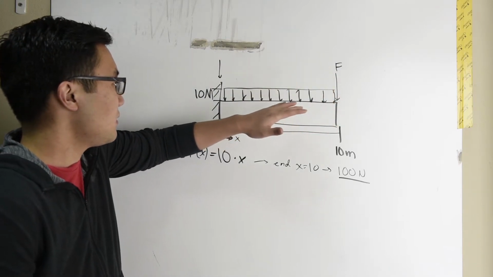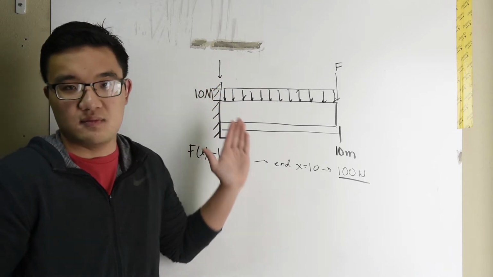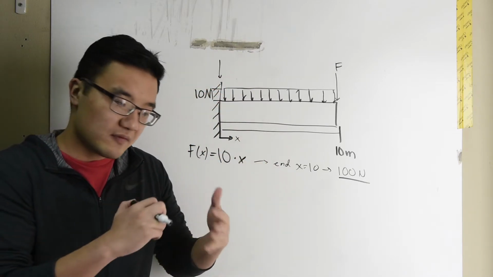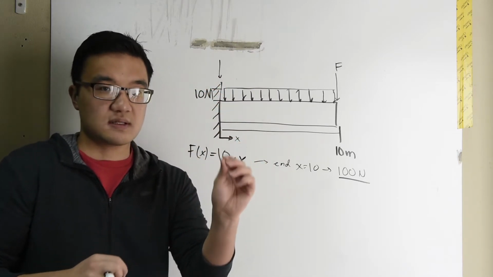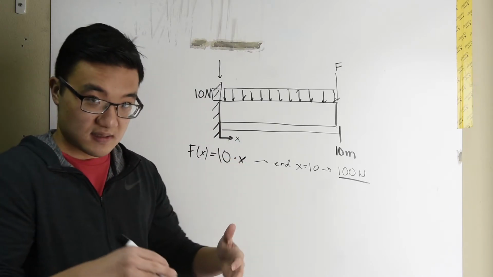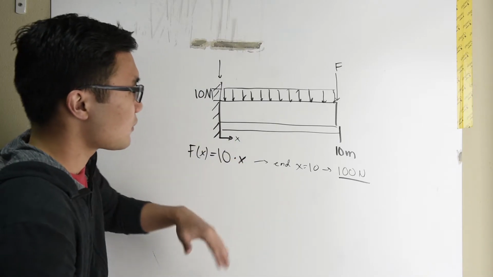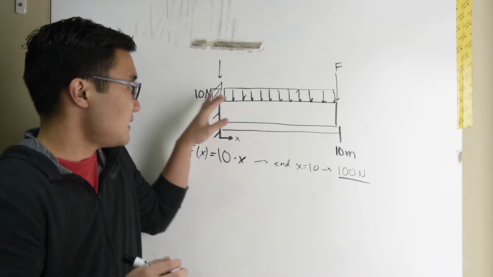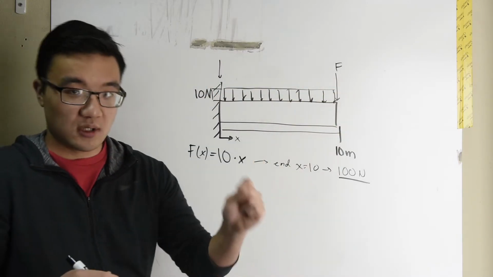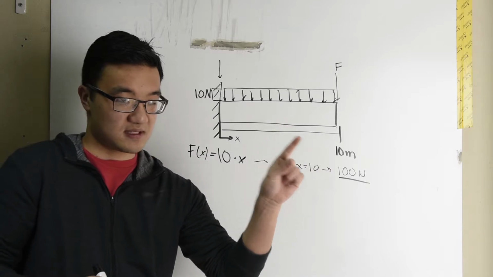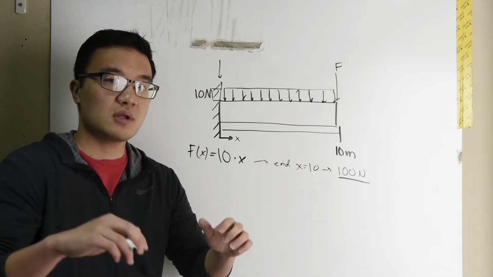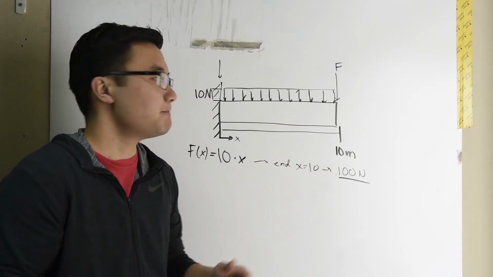So by default, it can't possibly be 0. So we have to figure out an area where we put this so that the moment is still valid. Because remember, we're making this simplification to take this distributed load and turn it into a point force at a specific location in which the moment is still properly represented.